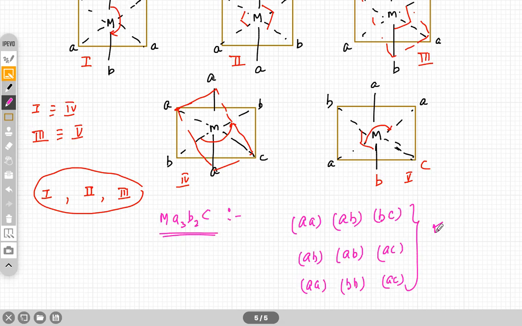If you want to draw the structure after this, how do we draw it?